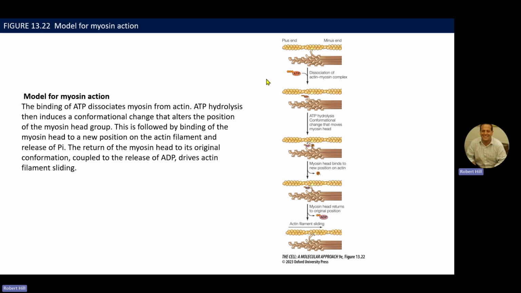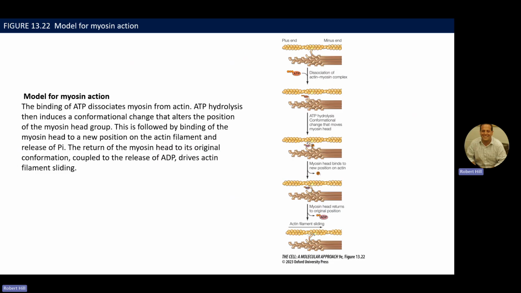But this figure here goes through the cross-bridge cycle that we just talked about. You can see at the top, first ATP binding dissociates myosin from the actin. Then ATP hydrolysis changes the conformation of the myosin head, and it moves it into a cocked, high potential energy position.